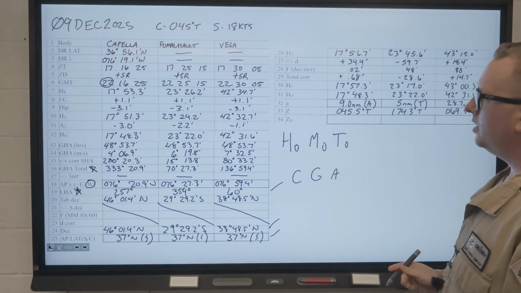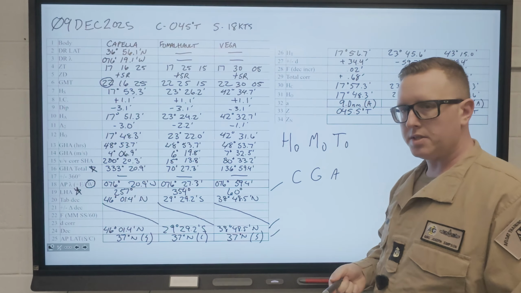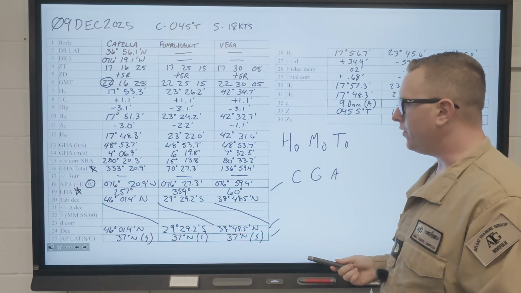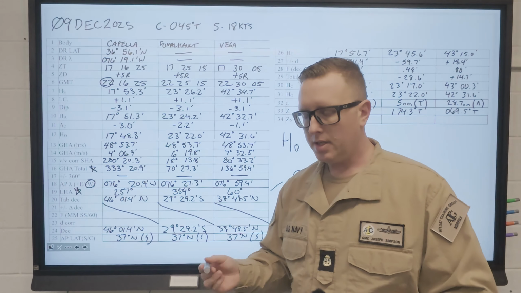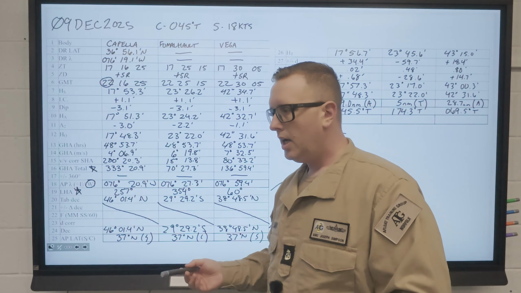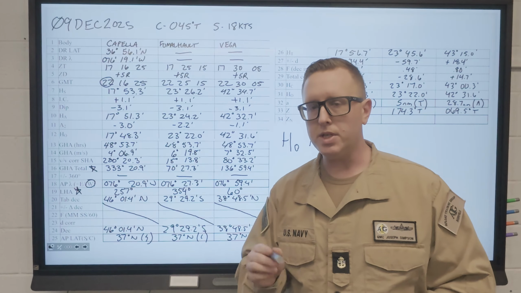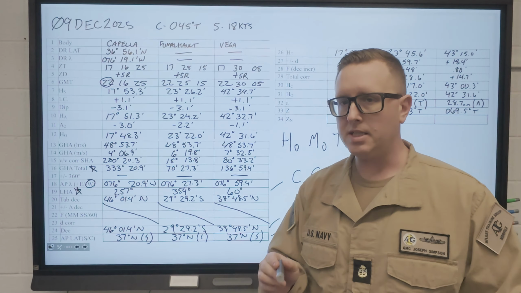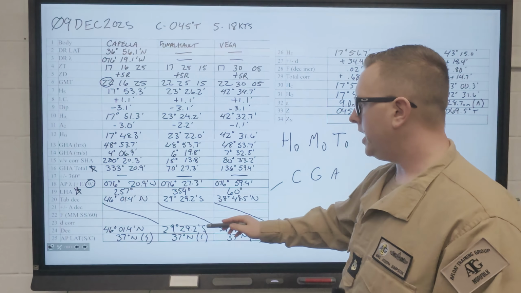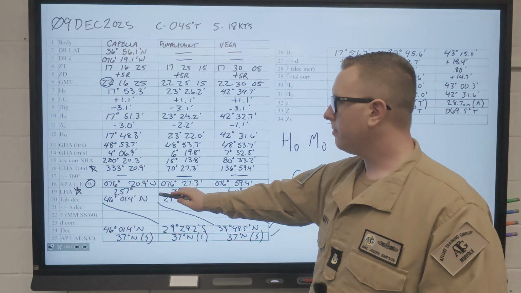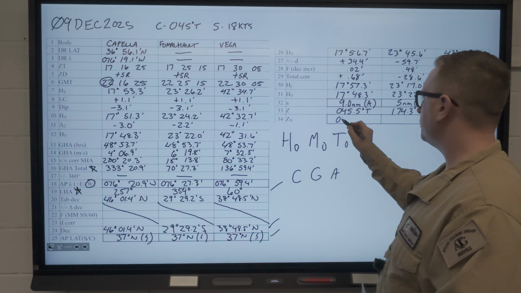All right. To convert Z to Zn, kind of like with the azimuth of the sun video, if your LHA is greater than 180, Z equals Zn. If your LHA is less than 180, you take 360 minus Z, and that will equal your Zn. So our LHA for Capella is above 180, so Z equals Zn.